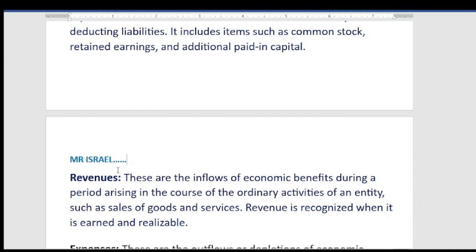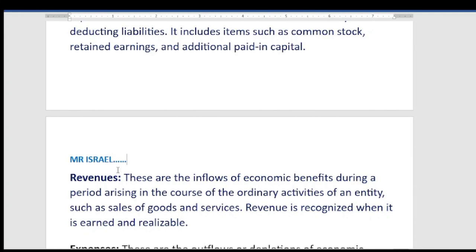Now, revenue. These are the inflows of economic benefits during a period arising in the course of ordinary activity. You're selling. You are into business. Your firm is providing services. The money that flows in from the services you provide, that is the revenue you made. That is what they are trying to say here.